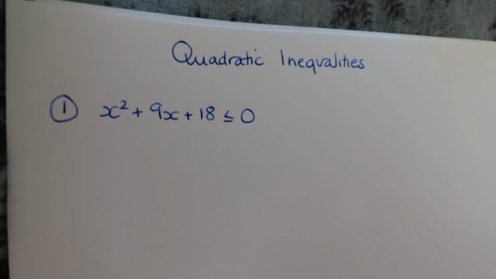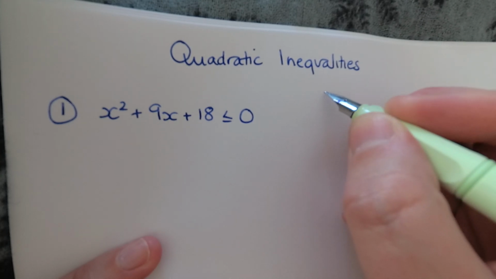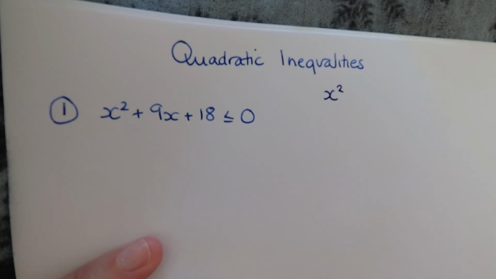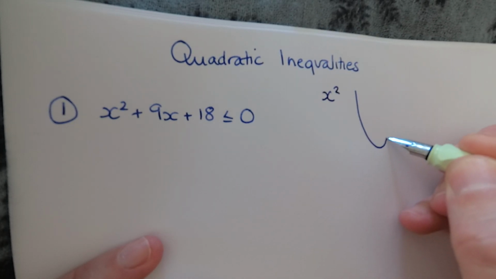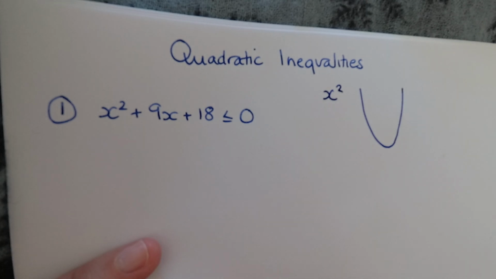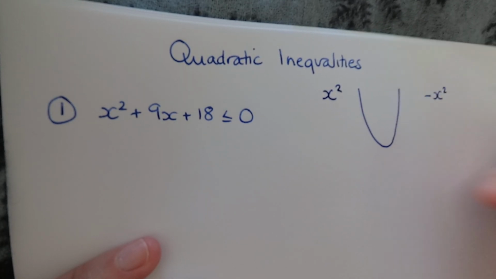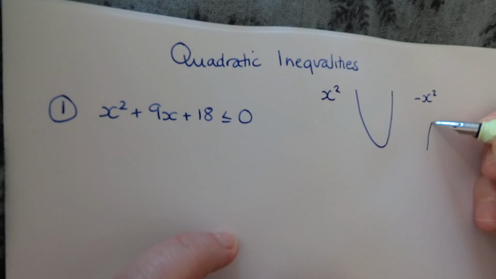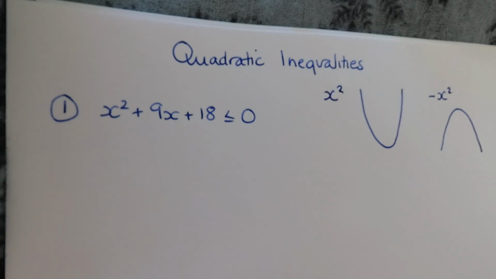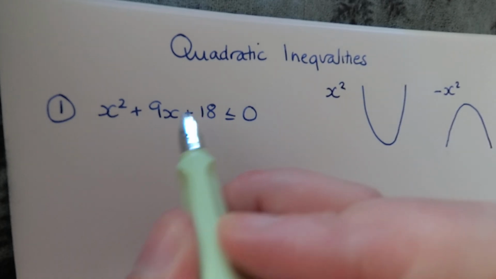Hopefully you all remember that a quadratic equation is shaped like a parabola, and if the x squared part of your quadratic equation is positive, then you have a parabola that looks a bit like a bucket, and if the x squared part is negative, then the parabola flips upside down, so you have an unhappy one, or a hill shape. So you need to remember this in order to be able to solve these.